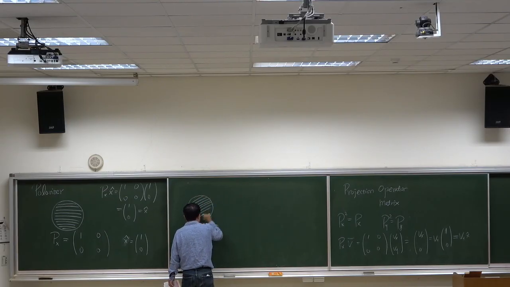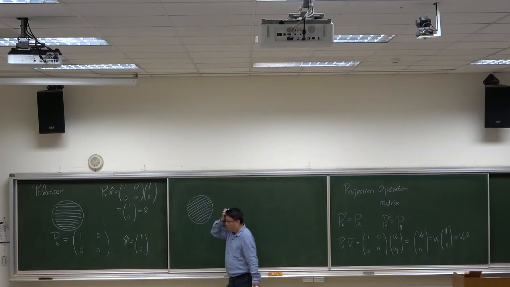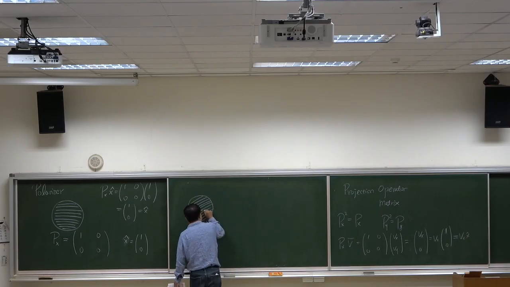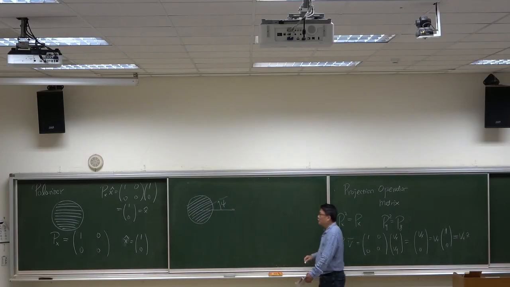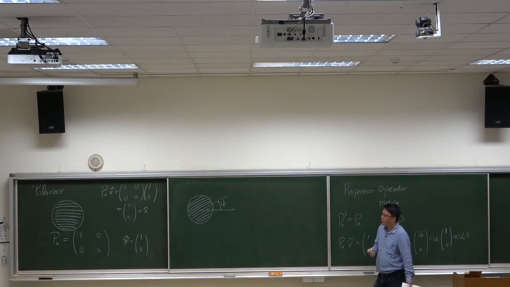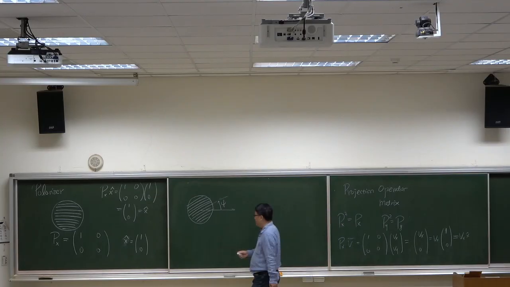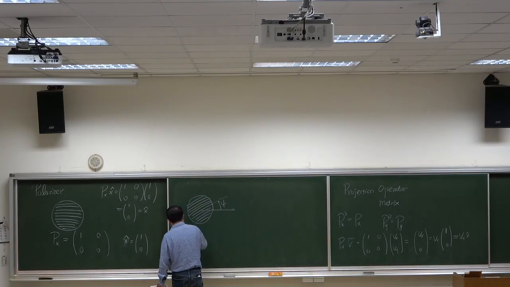Now let's ask a question: how do I represent a polarizer in an arbitrary direction? That is, I let the so-called transmitting axis point in any direction. If the transmitting axis of the polarizer makes an angle psi with respect to the x-axis, then how do we represent this polarizer mathematically?